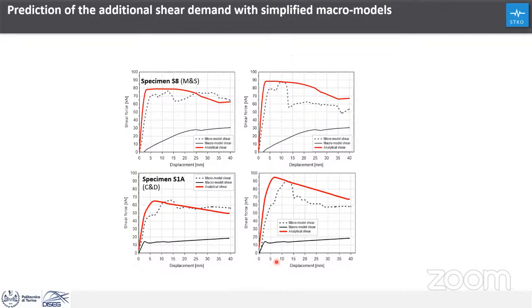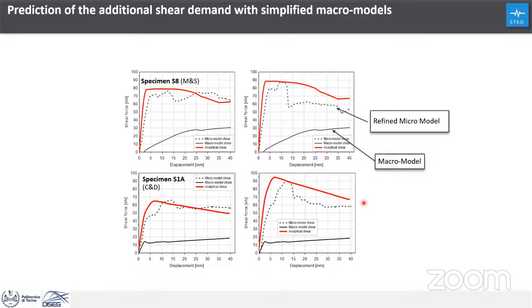And in our test, I will show the validation in detail, but basically what you can see from the micro model without considering any correction is the shear demand on the base column cross section. It is this gray one.